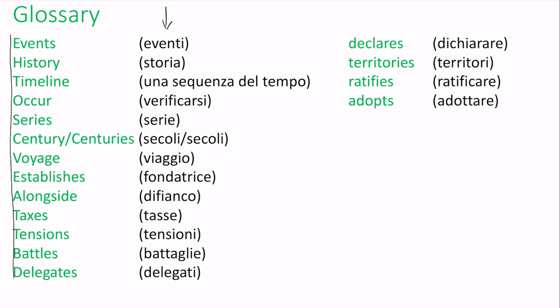And here on our right column in black, you can see the definitions written in Italian, right? So on the left, I have our terms written in English highlighted in green, and to the right, this column is in black, and these are our Italian terms.